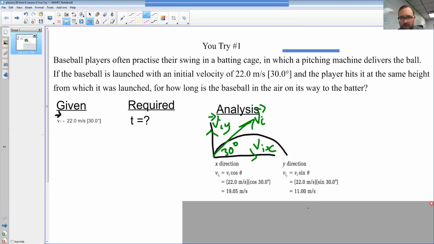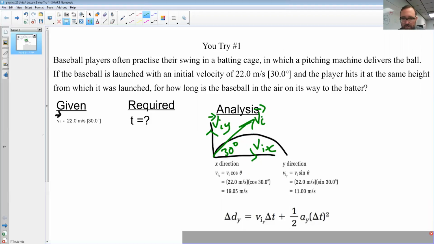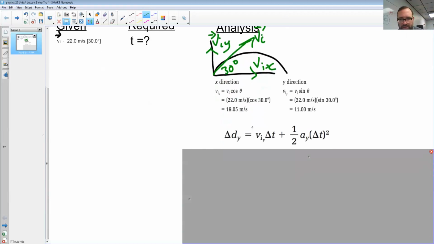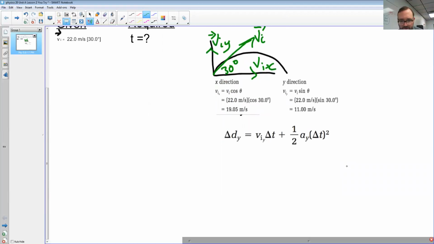The formula that I chose was the one that deals with dy equals v_iy times time plus 1/2 a_y times time squared. In this case, it's pure substitution of these values. The reason why dy is 0 is because it starts from the ground, so we left that as 0.